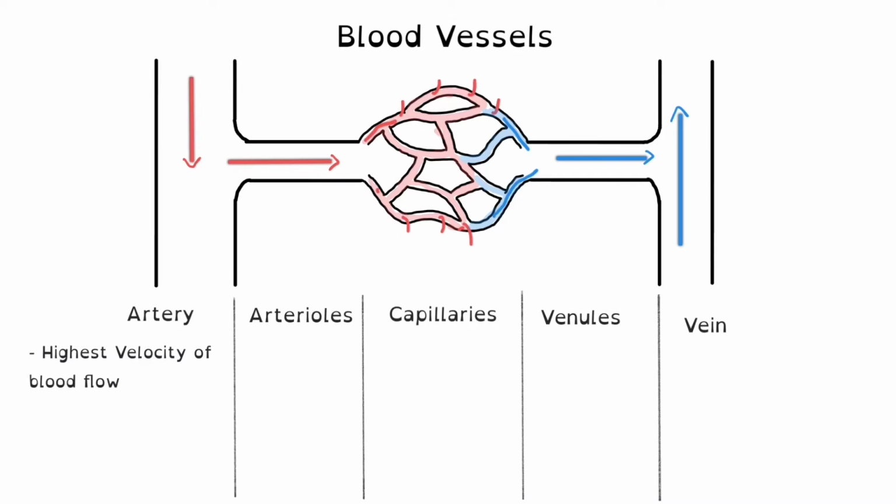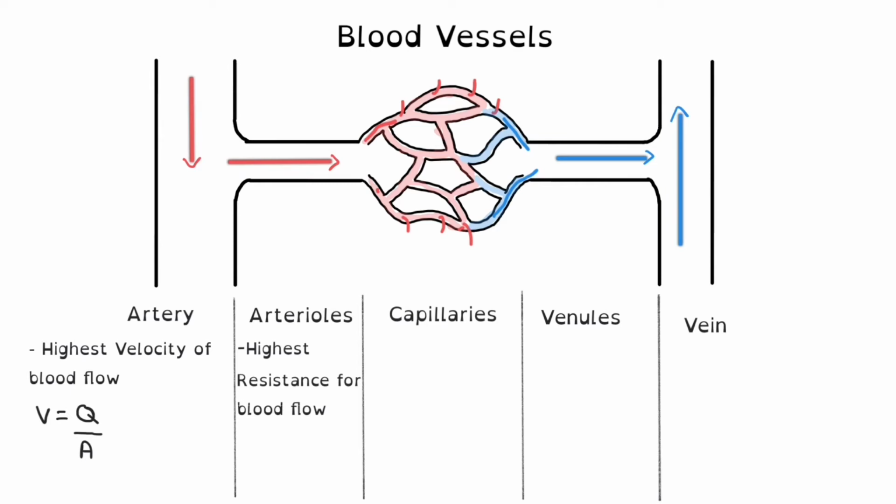Because my arteries have got the smallest total cross-sectional area, this is going to mean that they're going to have the highest velocity. We're going to have the highest velocity of blood flow within the artery.